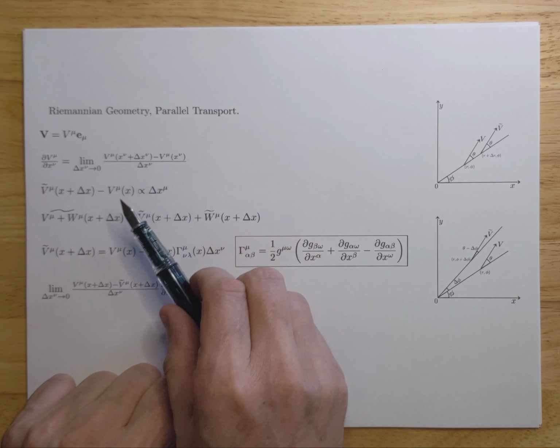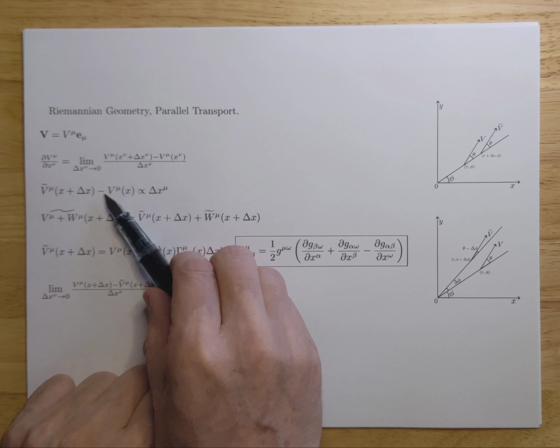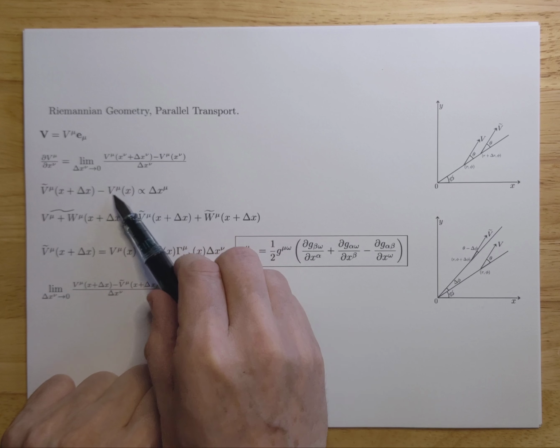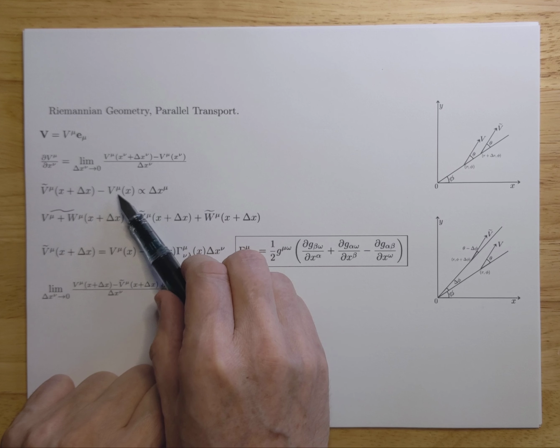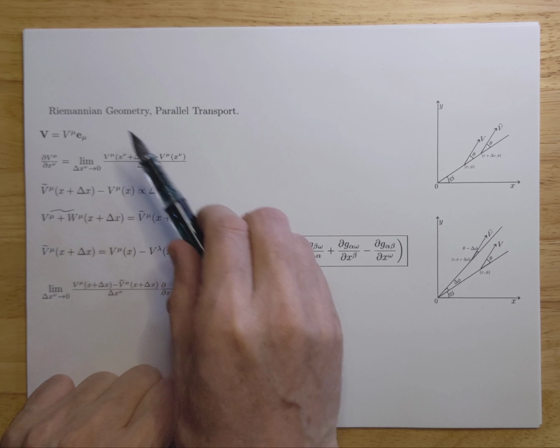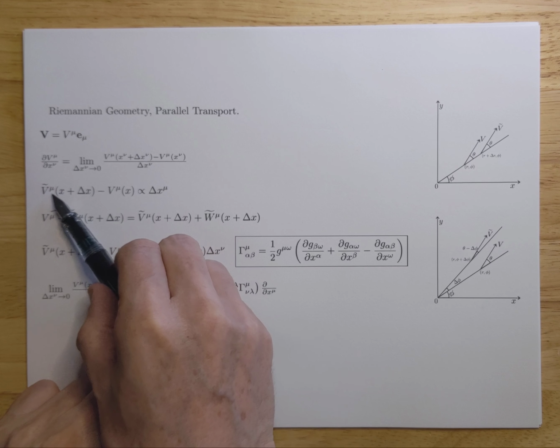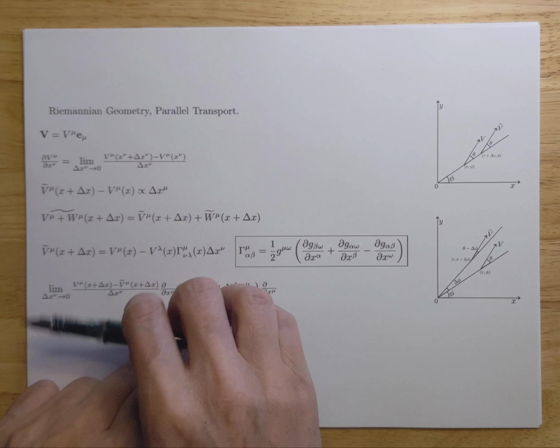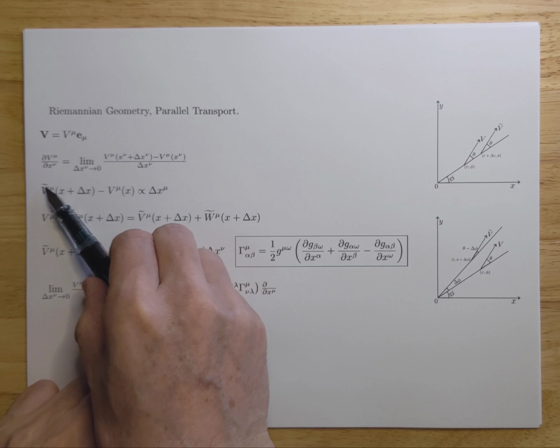You want to make sure that if you transport your v mu vector here, the vector components of this vector, to a new location, x plus delta x, where it was originally at x, you get new components called v tilde mu, right? So going forward, that's what we will mean by v tilde mu here.